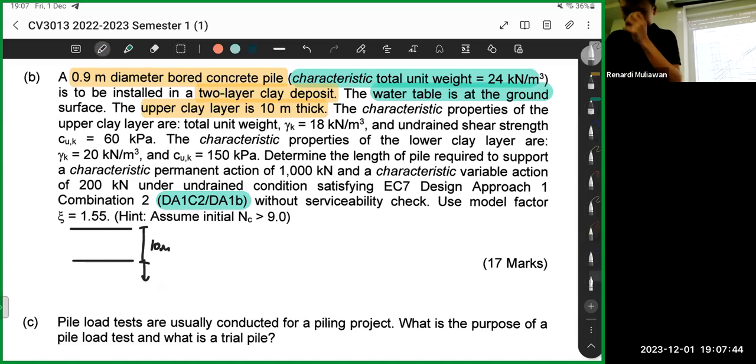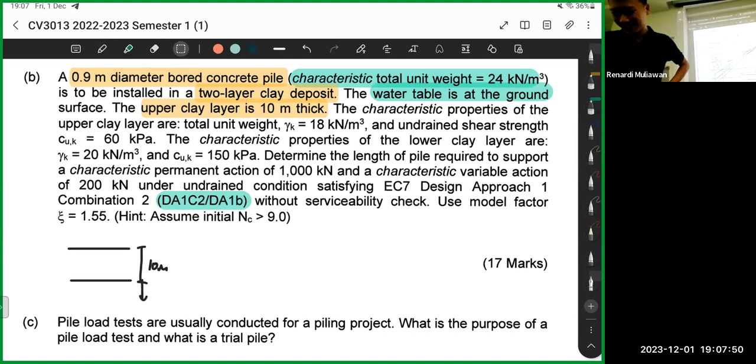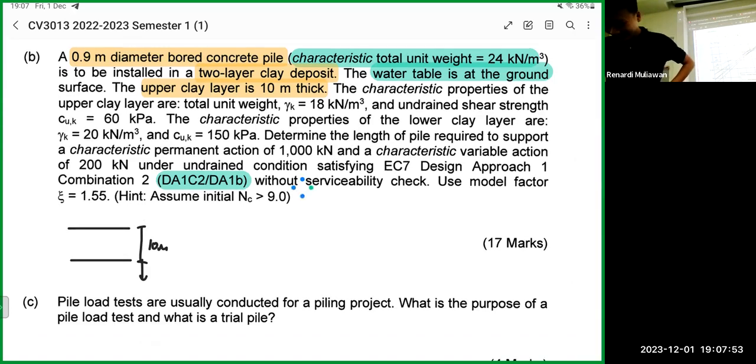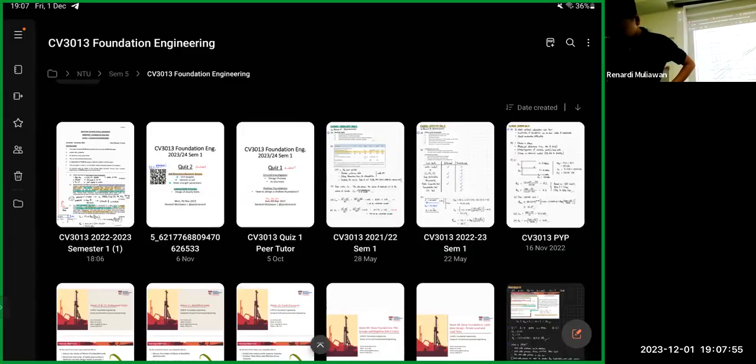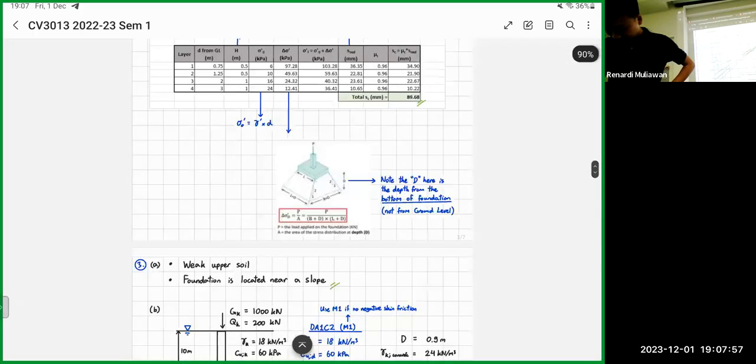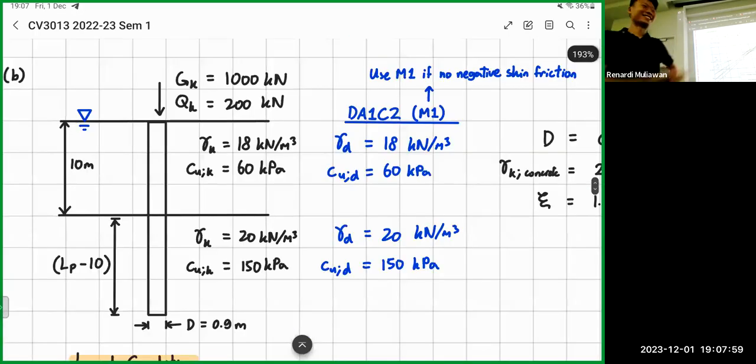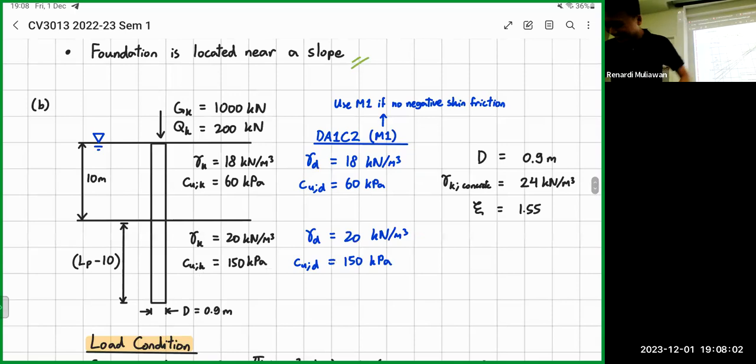Is it okay if I just use my solution? So I don't need to write. Yeah, I'll just use my solution, because it's nicer to present it this way.